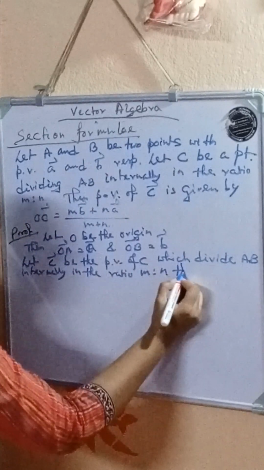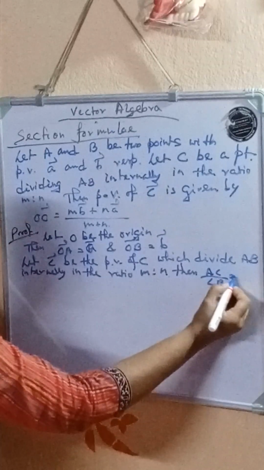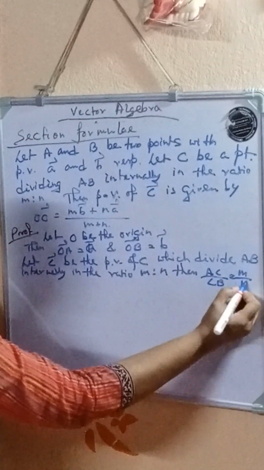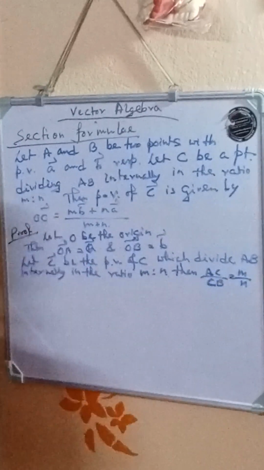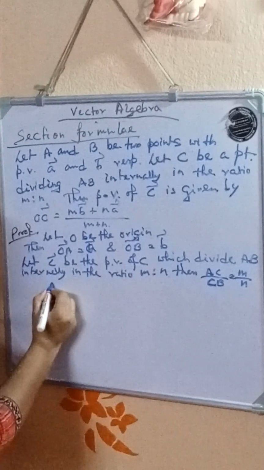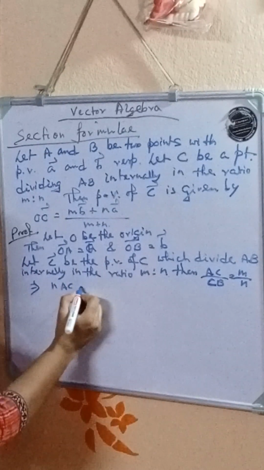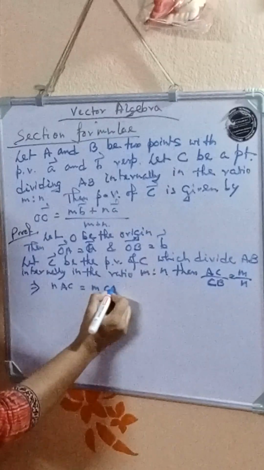Then AC by CB equals m by n. This implies n AC equals m CB.